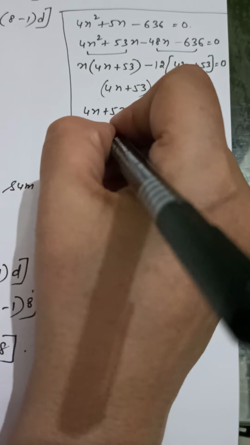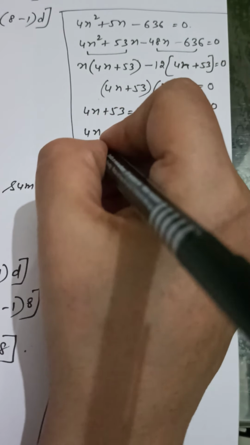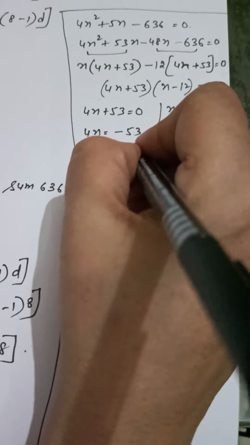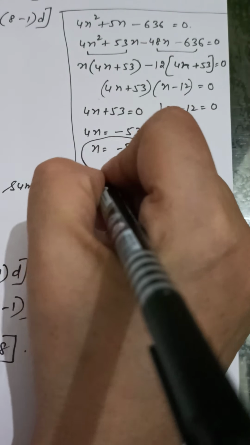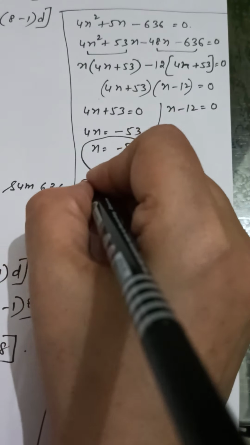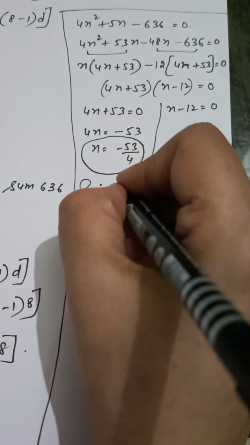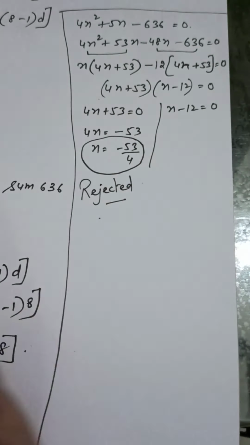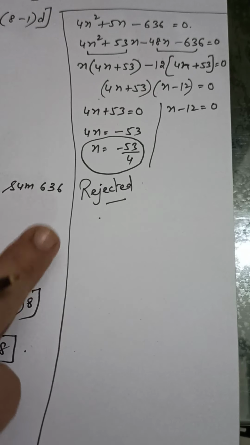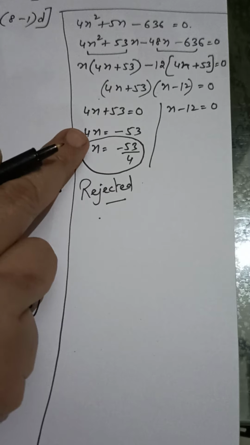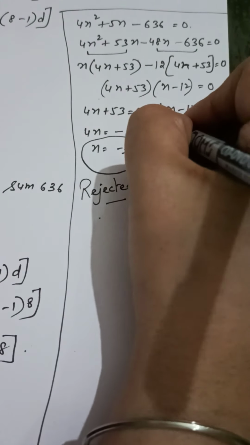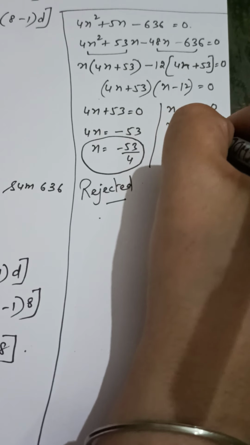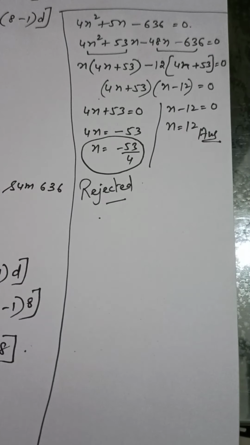Here we get 4n is equal to minus 53, n is equal to minus 53 by 4. So we know that n cannot be a fraction, and n cannot be negative, so this value will be rejected. What is left? N is equal to 12, and that is the answer.